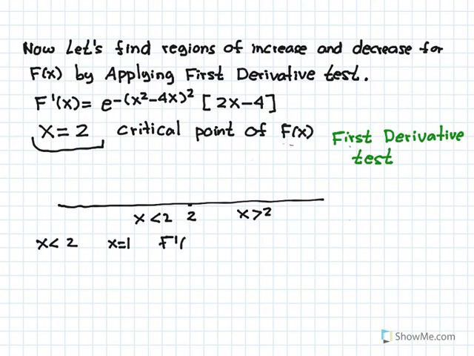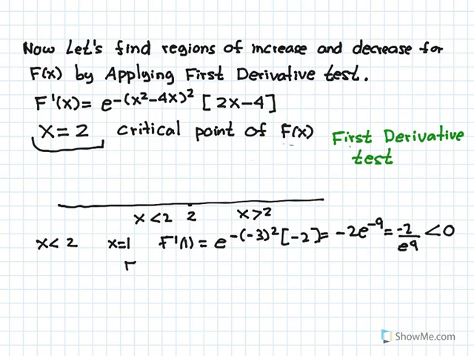F prime of 1 is e to the minus (1 minus 4, which is negative 3) all squared, times (2 minus 4, which is negative 2). So we get minus 2 e to the minus 9. That's minus 2 over e to the 9. That's negative, that's less than 0.